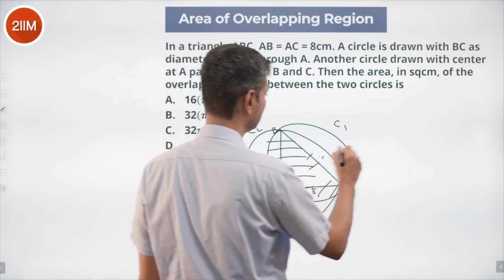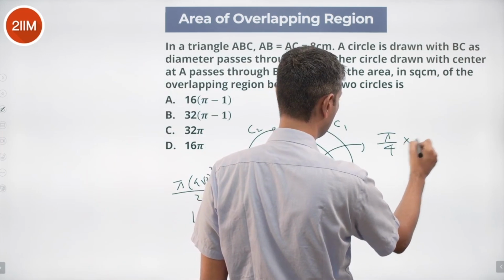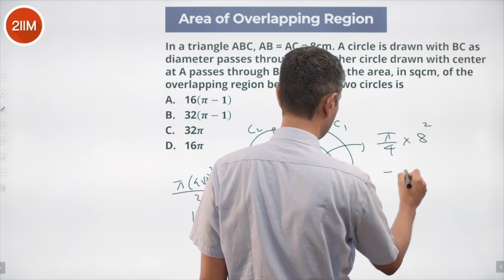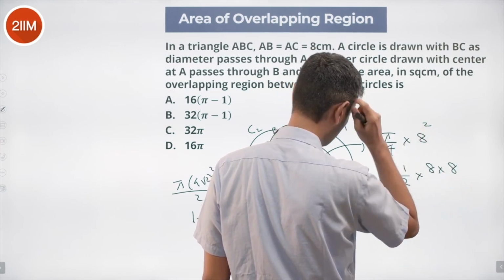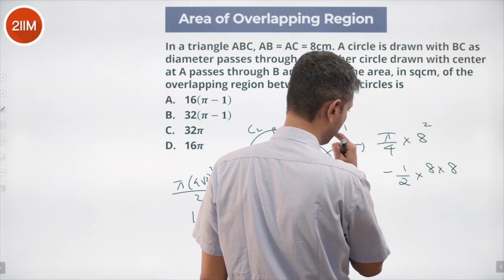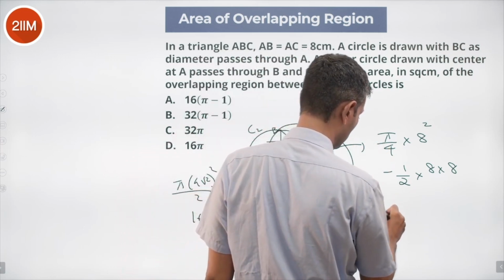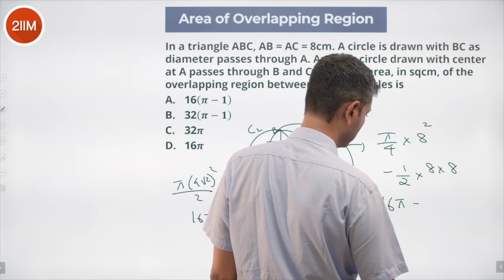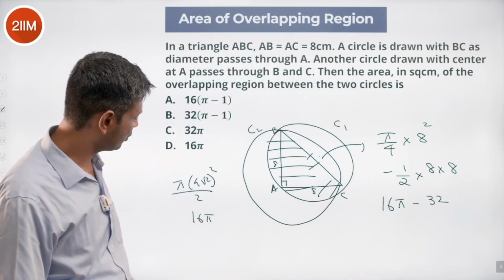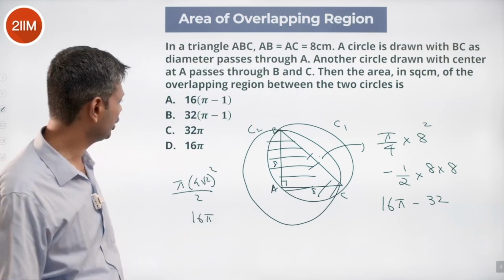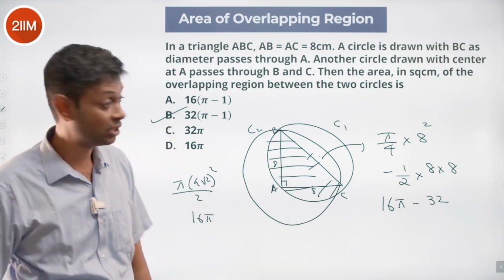Area of sector is pi r square by 4, which is pi times 8 square by 4, minus half into 8 into 8. 8 square is 64, 64 by 4 is 16, so 16 pi minus 32. Our sum of 16 pi plus 16 pi minus 32 is 32 pi minus 32, which is 32 times (pi minus 1).